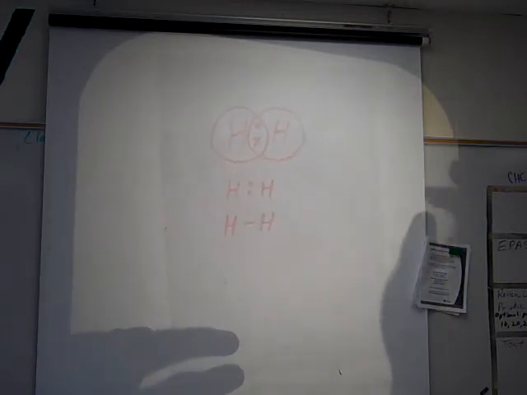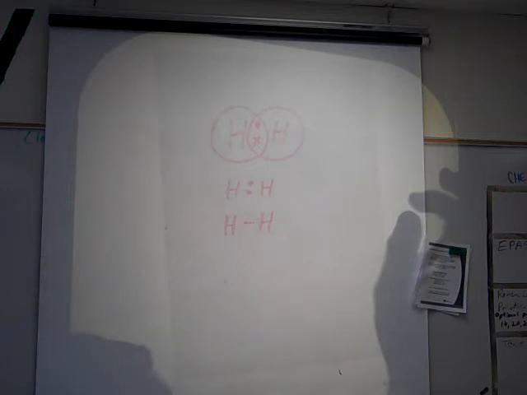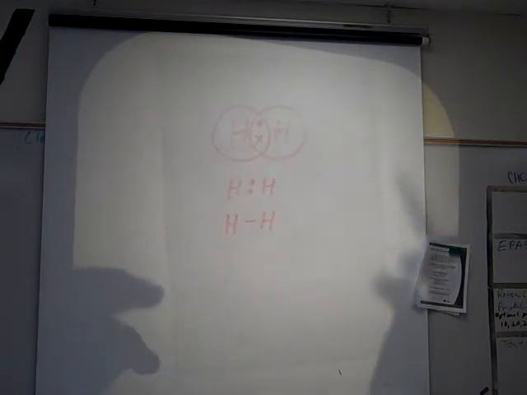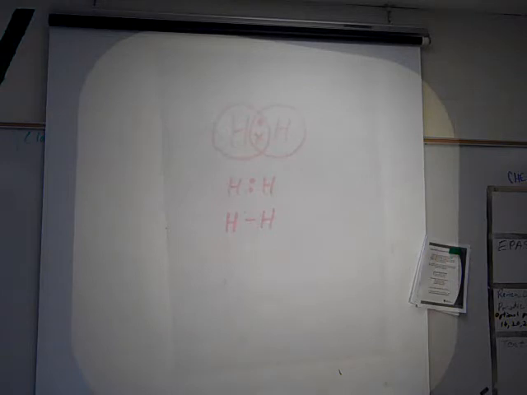So 1 pair, 1 line. So that's the line bond structure. That's the Lewis dot structure for hydrogen. That one's not on your worksheet, so let's try one that is. Let's do nitrogen. Find 2 nitrogens.